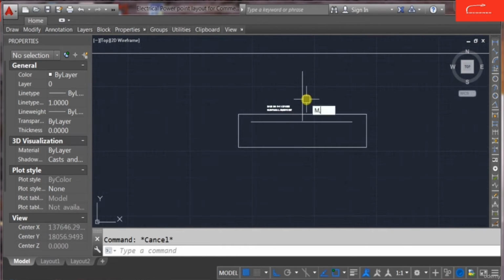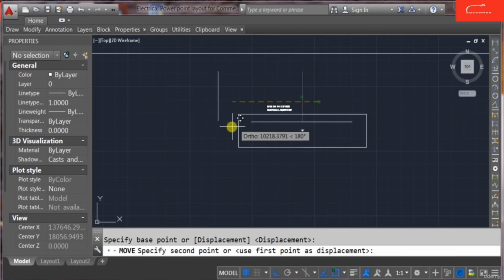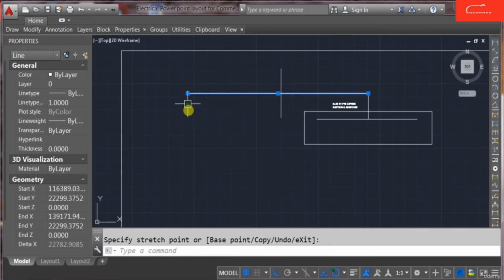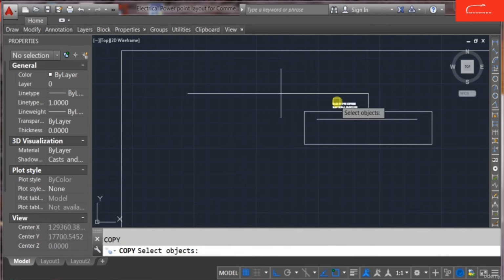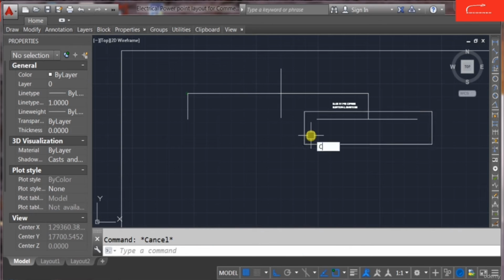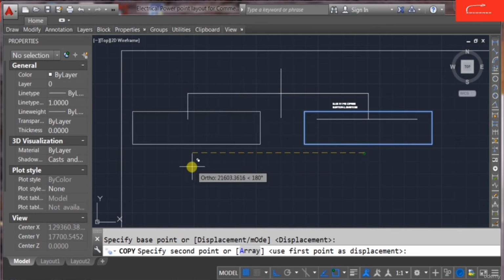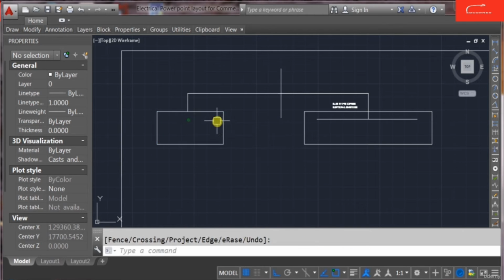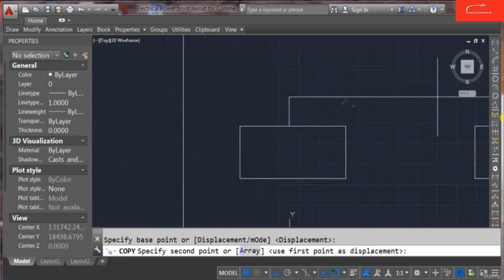So in this diagram, I'll distribute the DB into two parts. One is for kitchen and another is for LED lighting. So another DB is for electrical lighting. This is the schematic diagram that I am preparing right now.